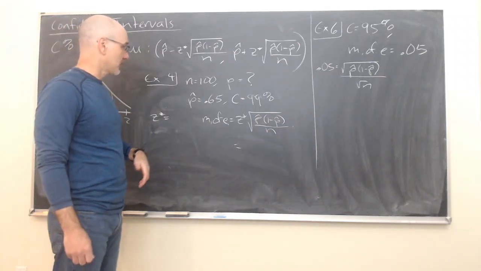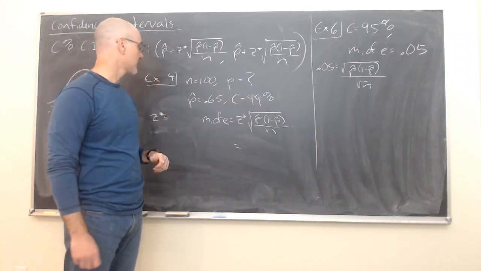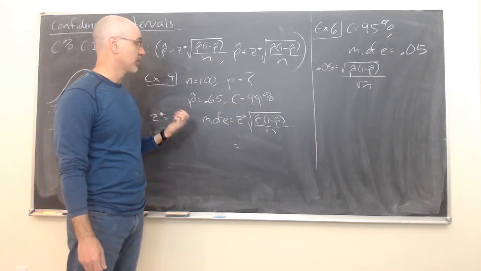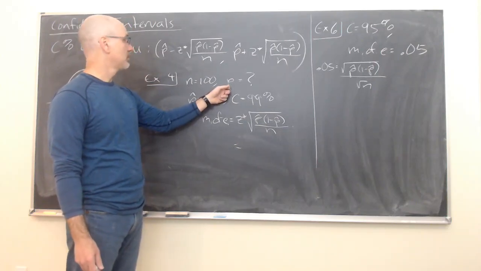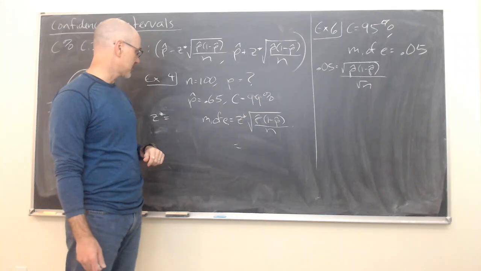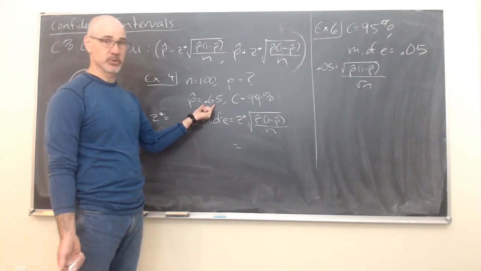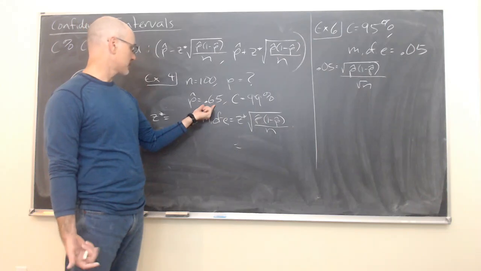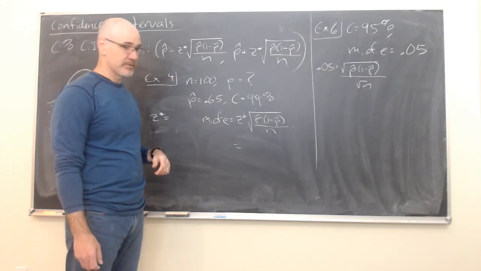So here we want a 99% confidence interval for the unknown population proportion p. We take a simple random sample of size 100. We discover the sample proportion p hat from those 100 sampled observations is 0.65. So we need to make our confidence interval.